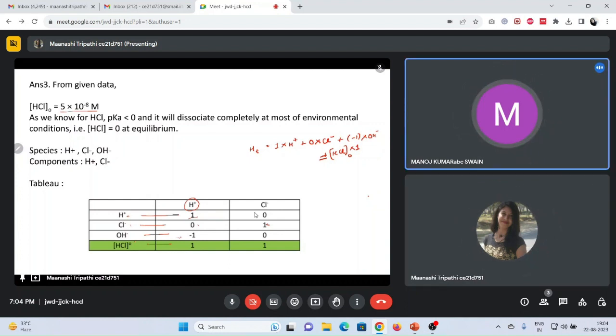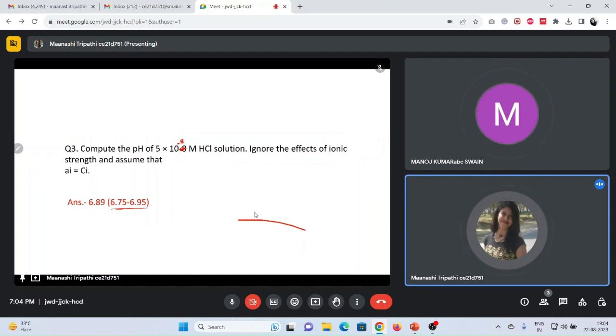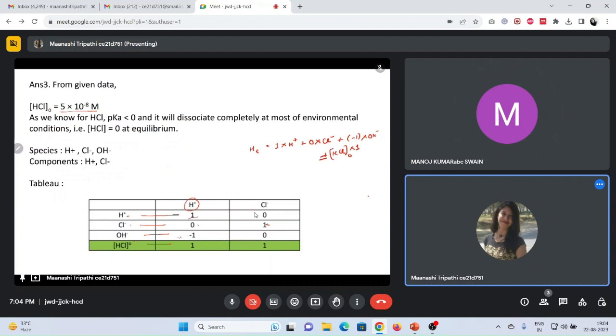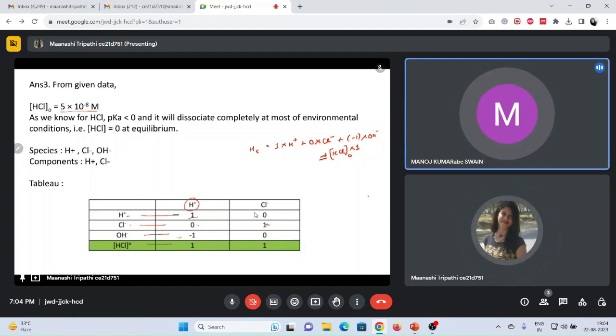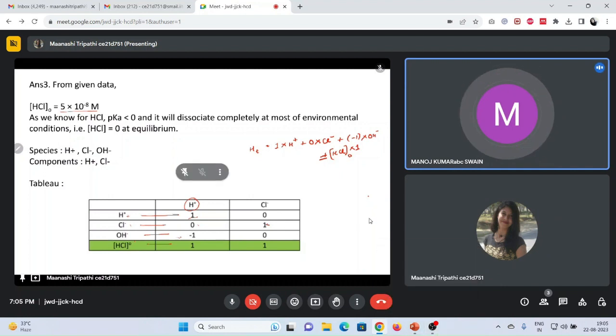Is the software allowed during the examination? No. For the examination, most of the questions will be from this chapter, like question number 1 and question number 2. If a question is asked like this in the examination, it is very difficult for us to find the answer, because that software is very essential.